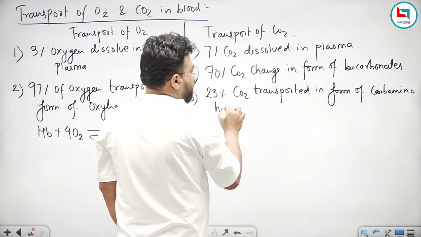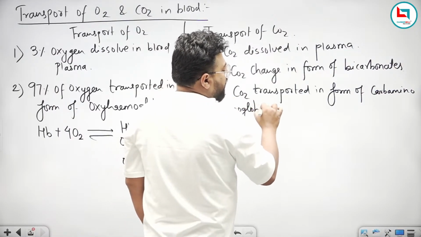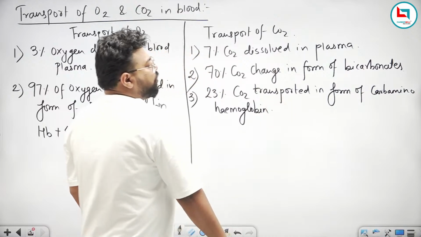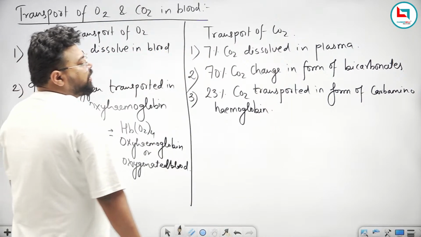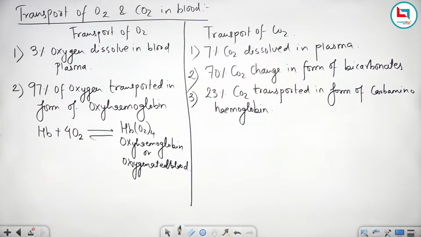So this carbon dioxide will bind to the amine group of hemoglobin and form a compound known as carbamino hemoglobin. So in this form, carbon dioxide gets transported inside our body.